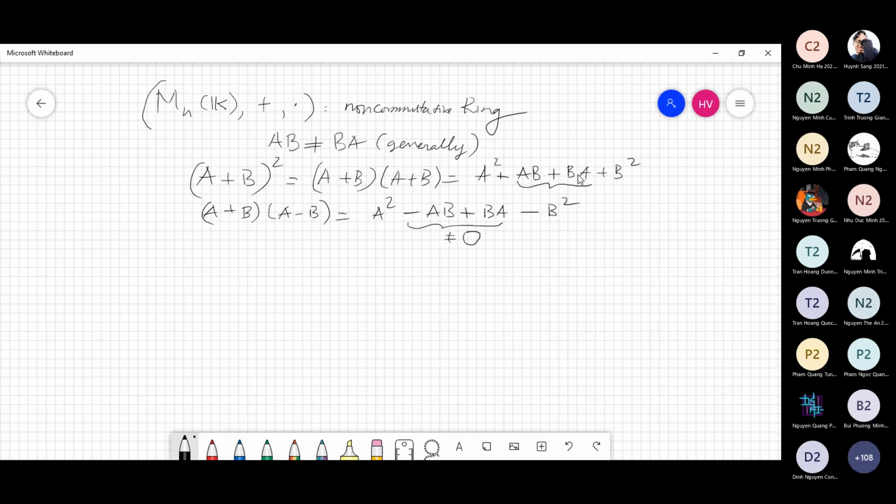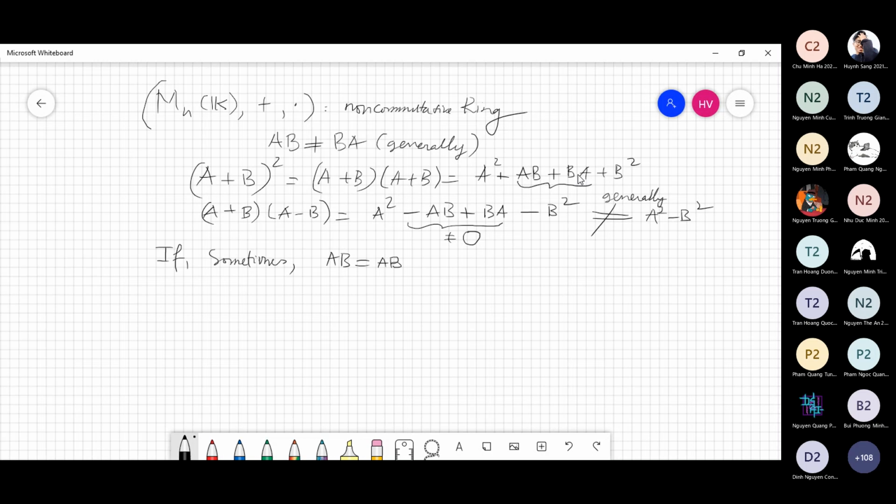So generally this is different from A squared minus B squared. But sometimes, if we are lucky, we have a couple of matrices that are commutative.